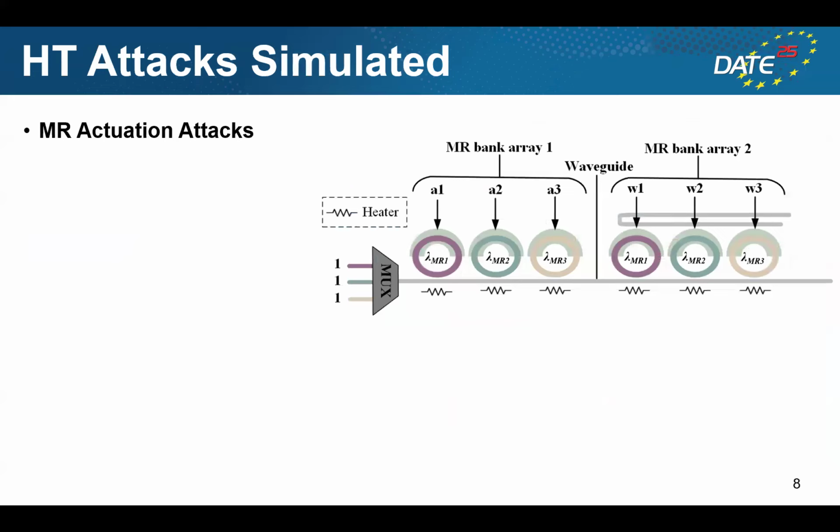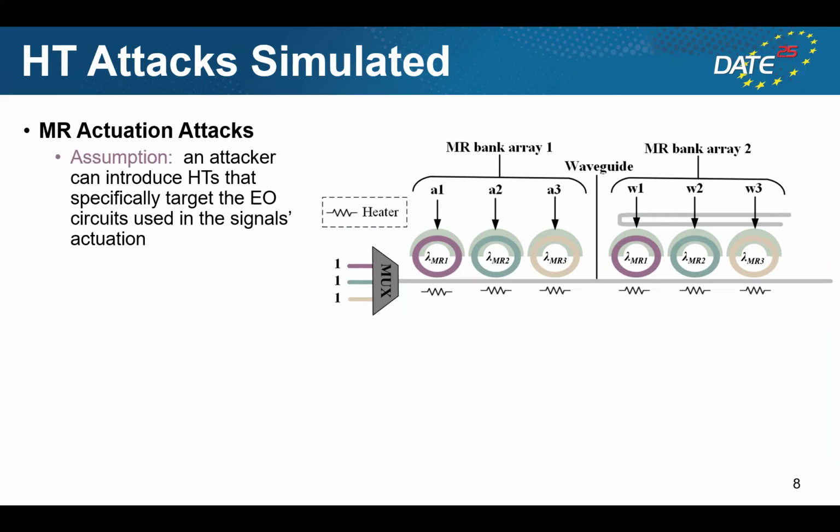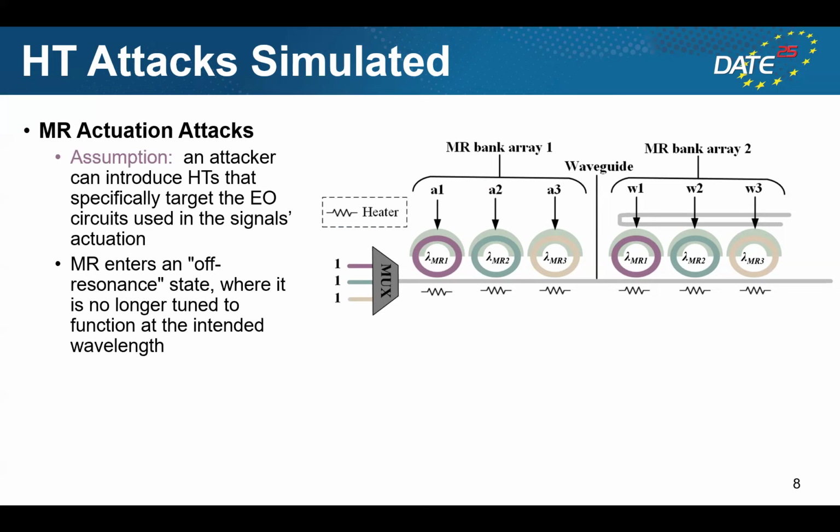Next, in terms of the attacks we simulated, the first type of attacks are the MR activation attacks. Here, we first assume that an attacker can introduce hardware trojans that specifically target the electro-optic circuits that are used in the signal's activation. And if this is successful, what will happen is that the specific MR targeted will enter an off-resonance state where it no longer is tuned to function at the intended wavelength.